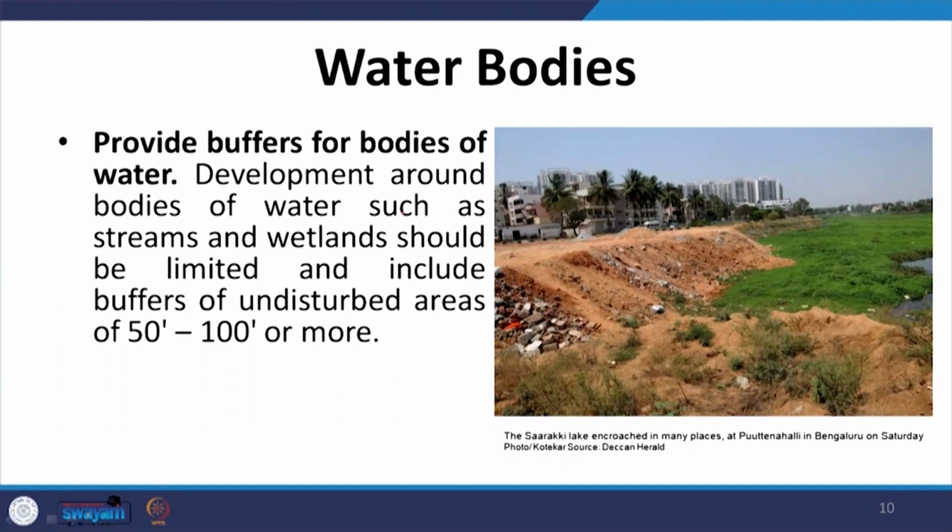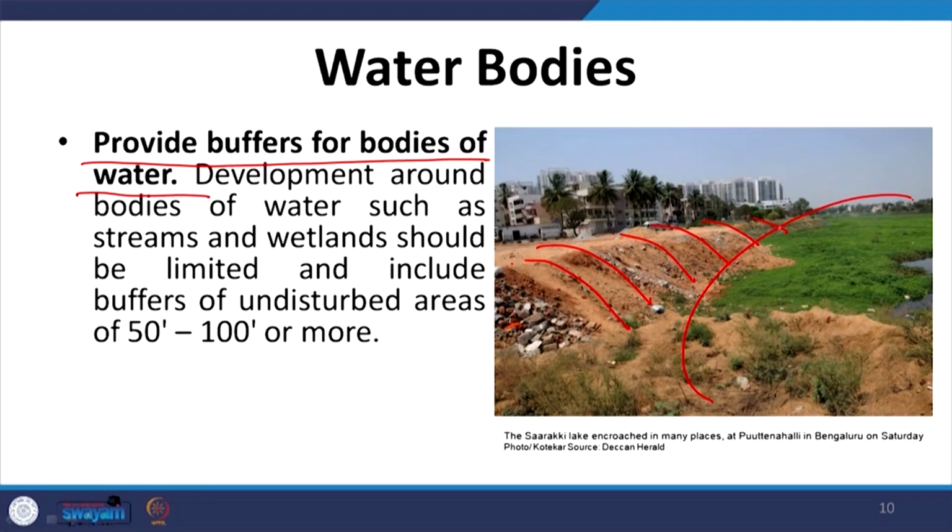Now, coming to water bodies, which I was just mentioning, we have to ensure that we provide buffers for bodies of water. This is a water body, a lake in Bangalore, which is being encroached upon by infill.